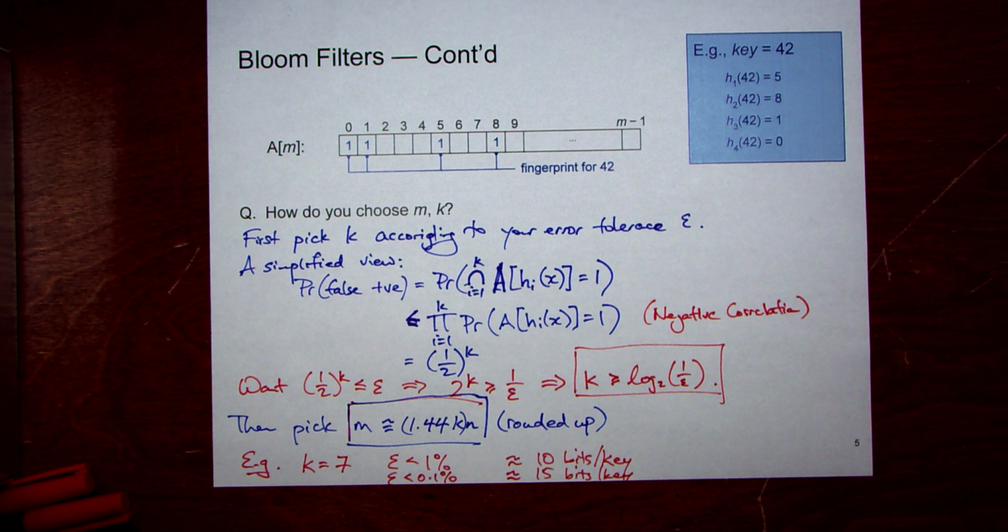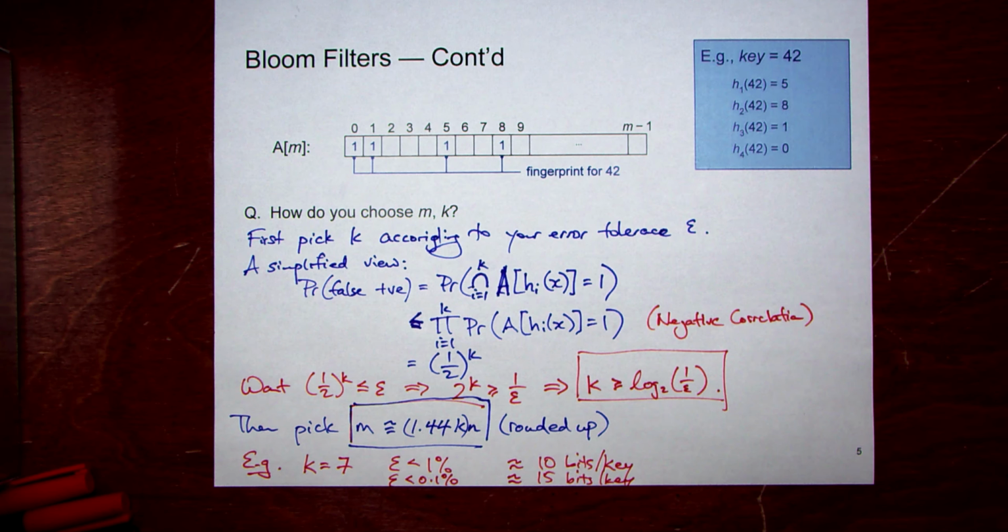No, the number of hash functions is k. The bits per key, this is the number of bits, the whole size of the data structure right here, m bits. If you took m bits and divided it by n, that's the number of bits per key. So that's 1.44k. I don't think I satisfied you. You don't look happy, but okay, we'll come back around.